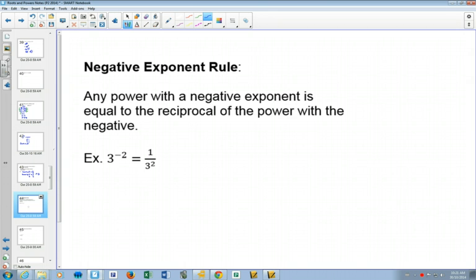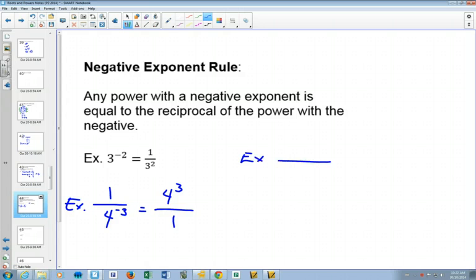So there's one example. 3 to the negative 2 would be 1 over 3 squared. One over 4 to the negative 3 would be, and you would move it up to the top, 1 times 4 to the negative 3, and then there'd be a 1 on the bottom. Oops, sorry, 4 to the 3. That's another example.